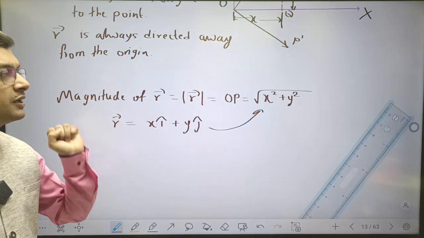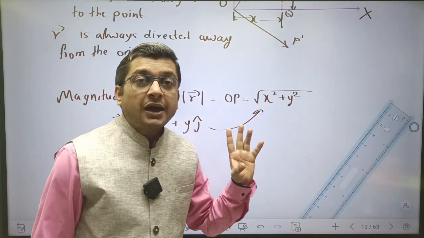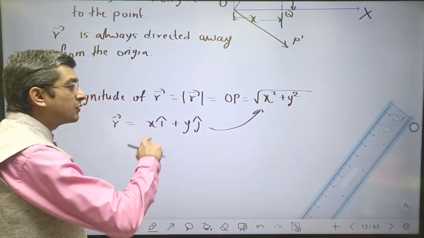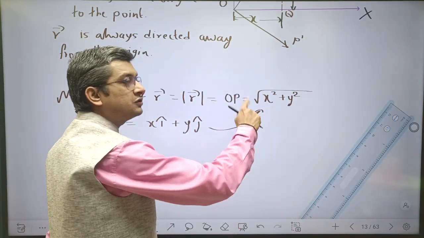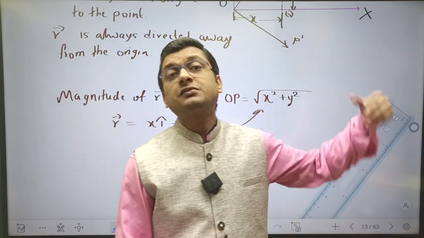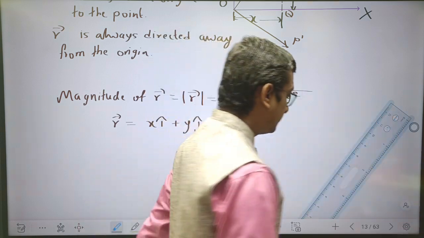Now observe carefully, dear student, what is the x? That is the coefficient of i cap. What is y? That is the coefficient of j cap. So the magnitude of a vector is determined by taking the square root of the sum of the squares of the coefficients of i cap, j cap. And if there is a third coordinate, that is the z axis, k cap, then we add that value as well.